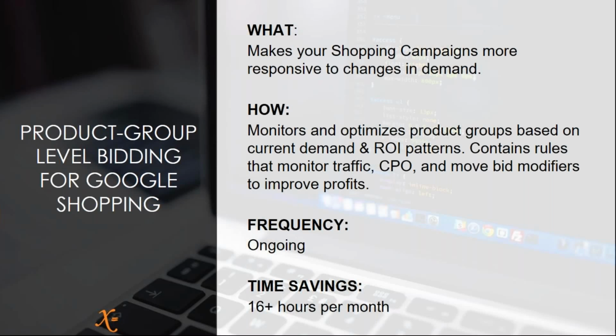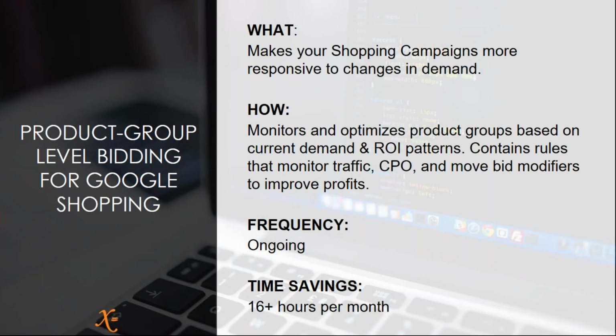If all these campaigns and all these product groups are subjected to the same bidding strategy, we are setting it up to fail. And that's the reason this script allows you to look at each product group from a different ROAS perspective. So what it does is, again, there is a manual intervention wherein your account manager has to go in and determine what are those different categories and what is the ideal ROI on each category.